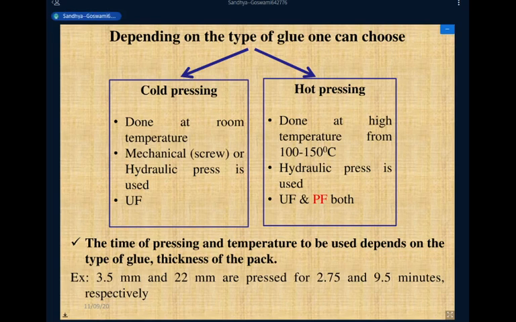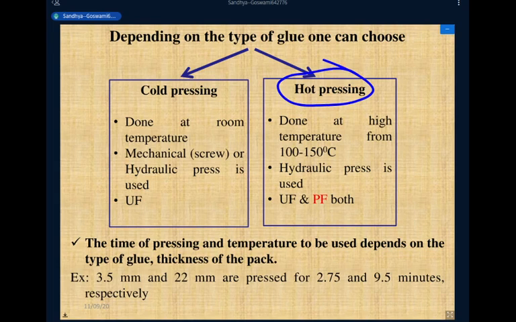It depends on which facility is available with you. But if you are using PF, phenol formaldehyde resin, as your glue, then cold press will not work. You have to go for hot pressing, right?